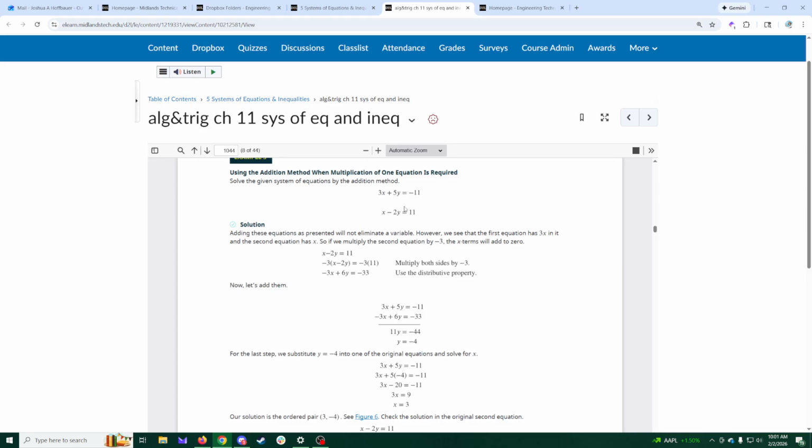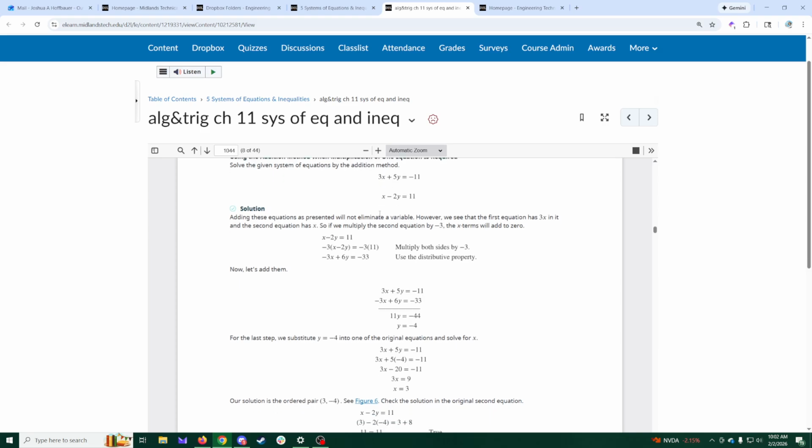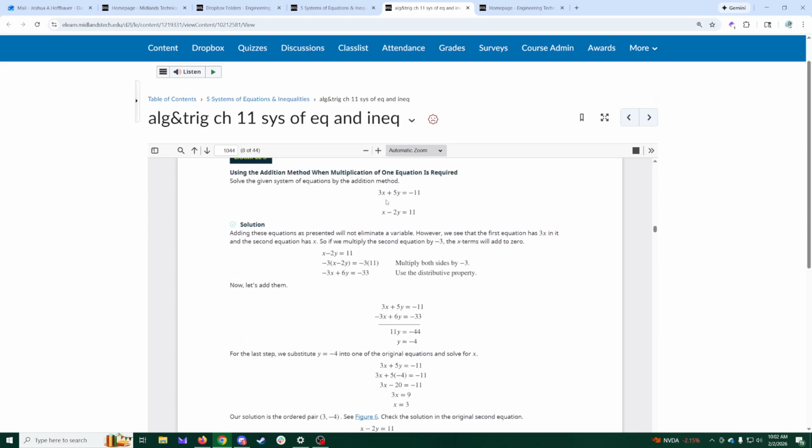So if you were tasked with solving this system using the addition method, you would want to take one of your two equations, possibly both, and multiply it by a number to make sure that when they're added together, one of the letters cancels out completely. In this case, what the book recommends is taking the second equation, since the x is by itself.